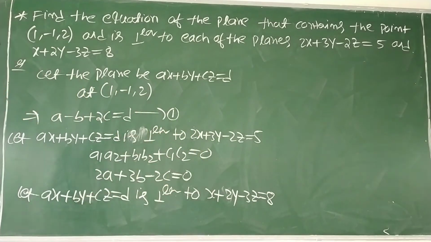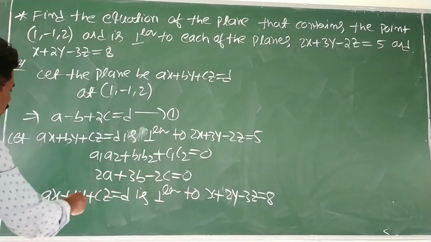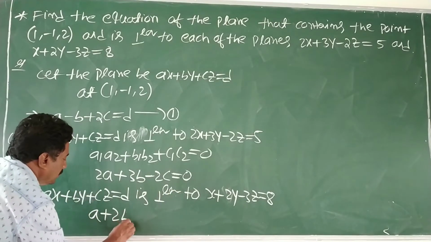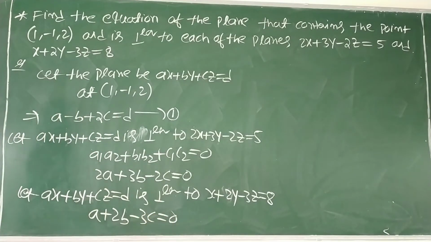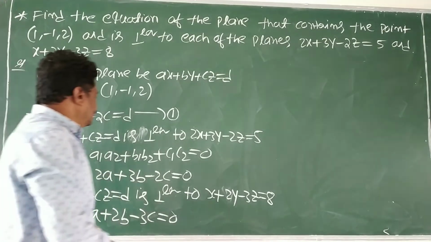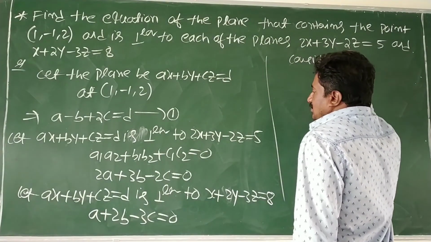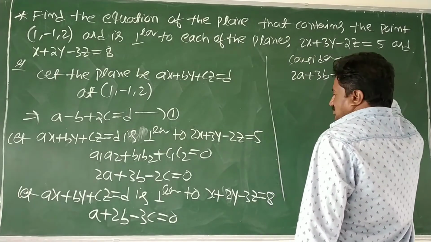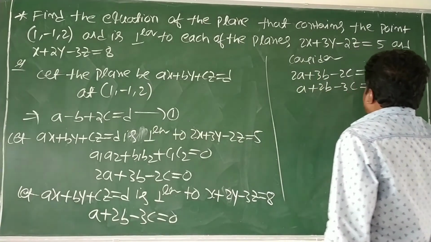Again the same concept, applying the same thing as in the previous case: a plus 2b minus 3c is equal to 0. Now consider these two equations: 2a plus 3b minus 2c equals 0, and a plus 2b minus 3c equals 0.